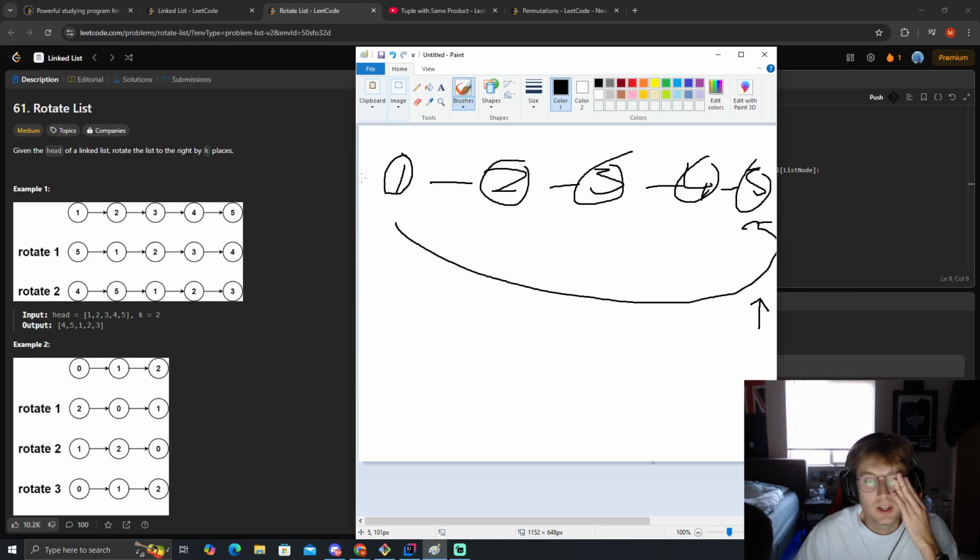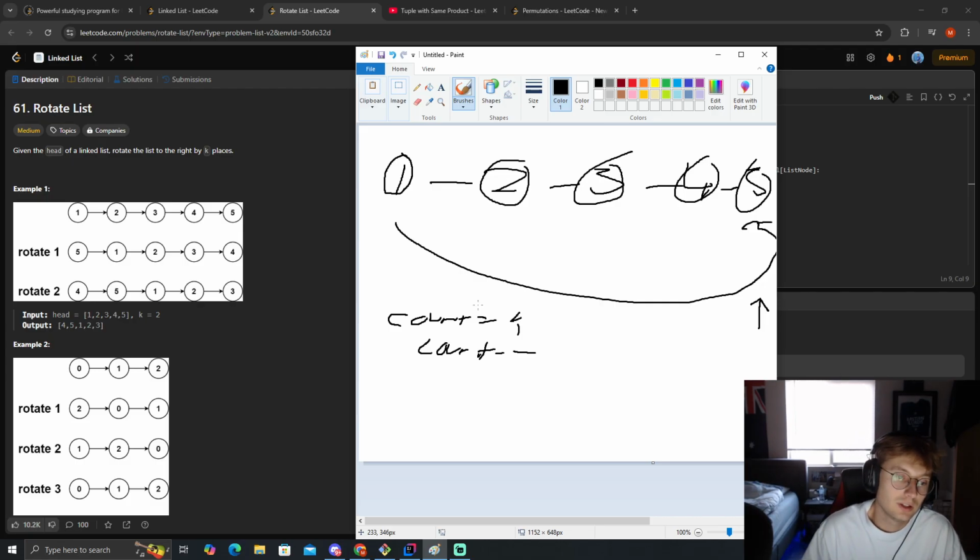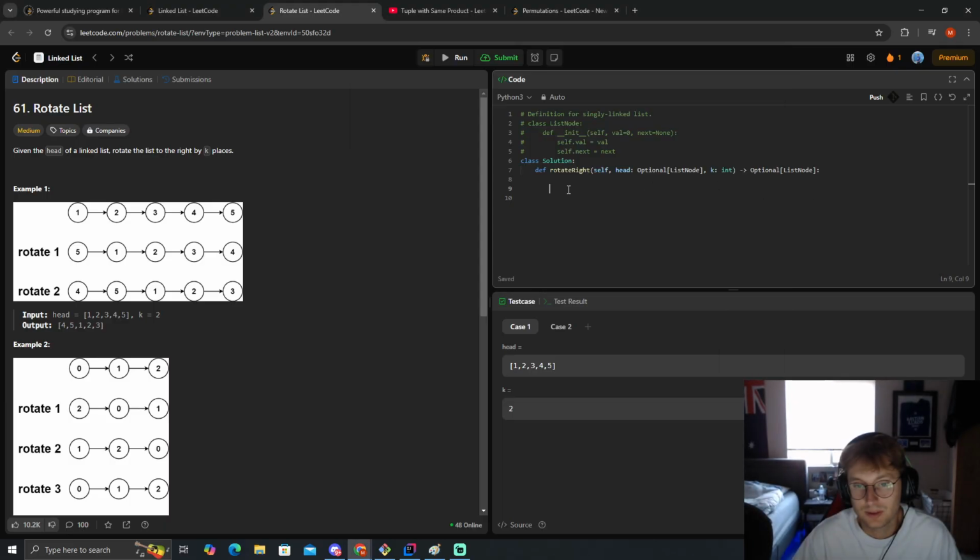And then we can finally start making our swaps. So we can do a count equal to k to track our counts, decrement after each time we do this. So make a while loop, decrement, and keep moving the pointer until it's done. So I think that's the way I'm going to go about this problem.